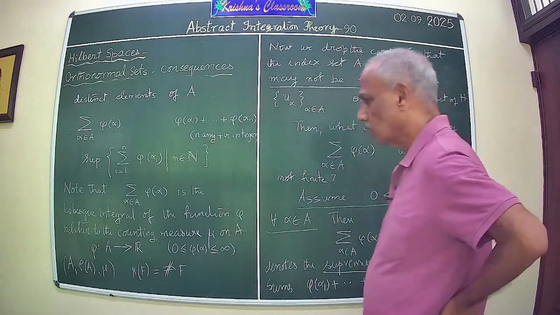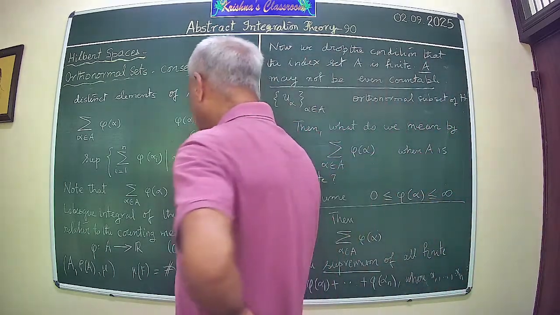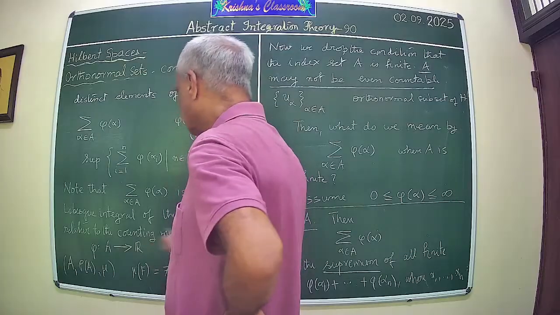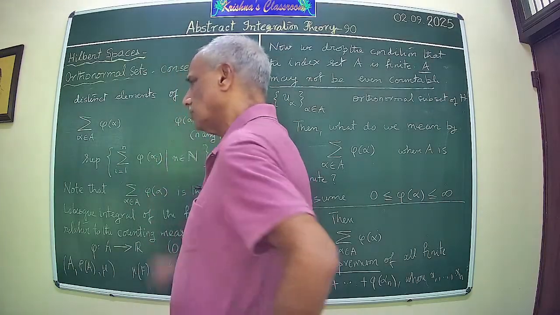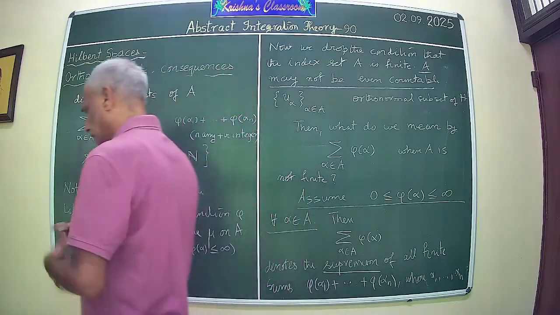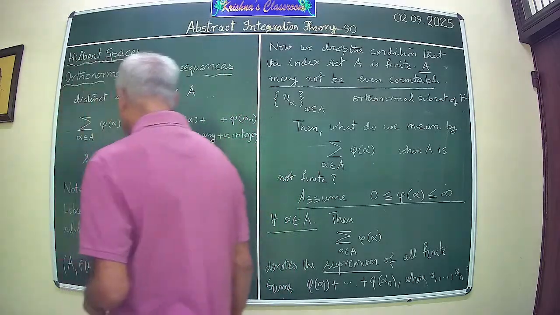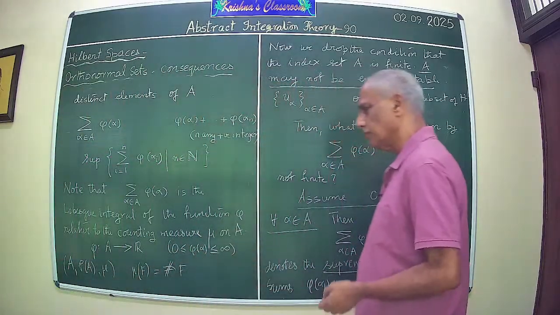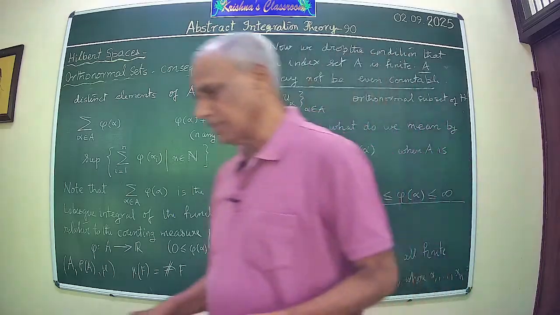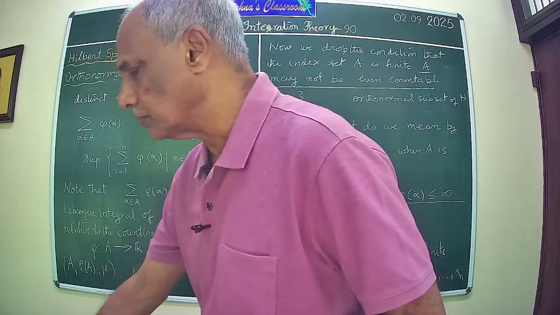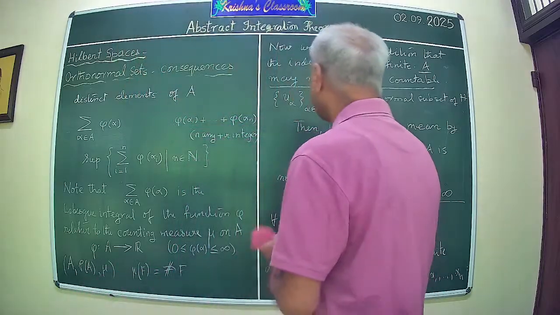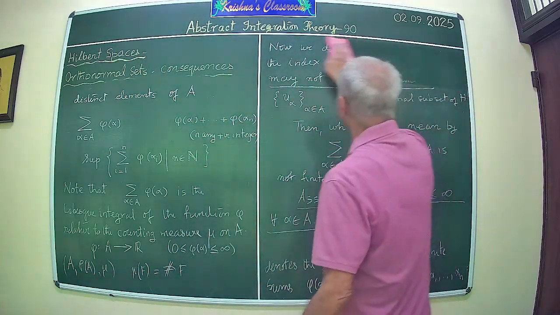If you take that, then you see each one of these finite sums will become an integral of a simple function. Consequently, to take the supremum of that, this will be the integral.